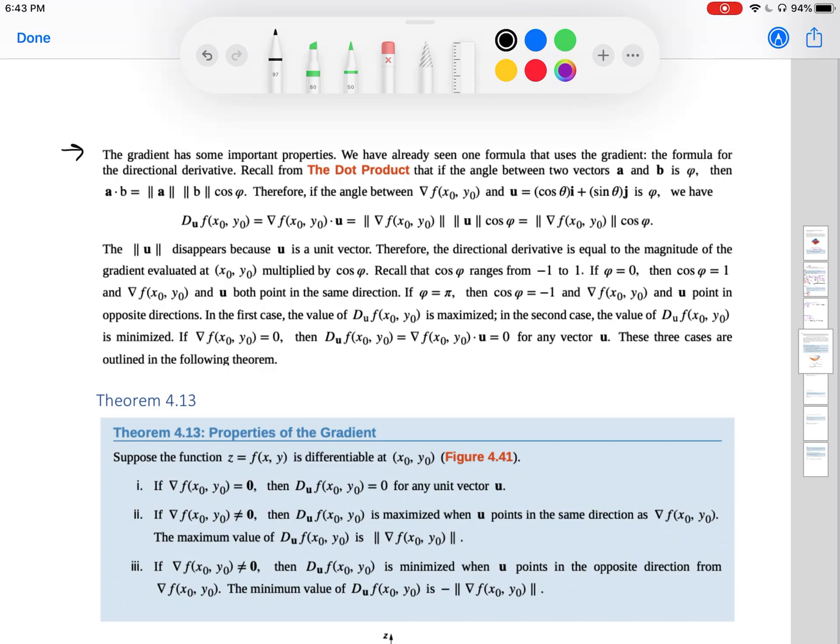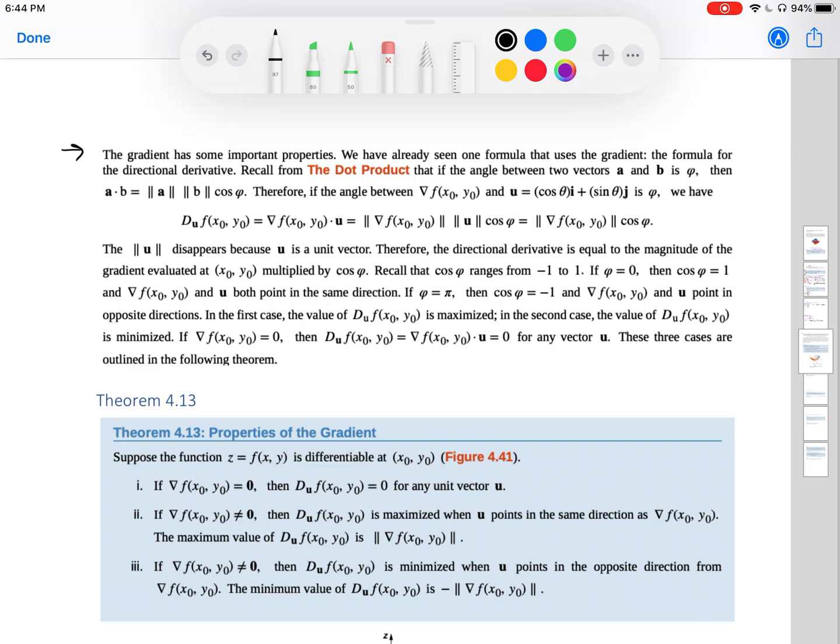In the first case, the value of the directional derivative is maximized. In the second case, the value of the directional derivative is minimized. If the gradient of f at x comma y equals 0, then the directional derivative equals the gradient dot product u, which equals 0 for any vector u.